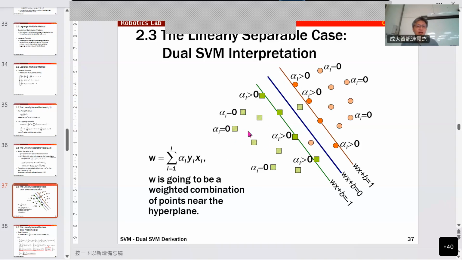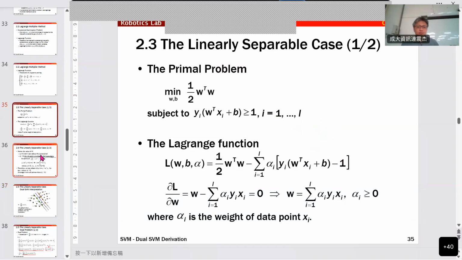So that's the alpha. If this sample X is important, I'll give it a large alpha. But alpha you don't know, you want to evaluate it. Based on the equation, you see your equation has one more alpha term.